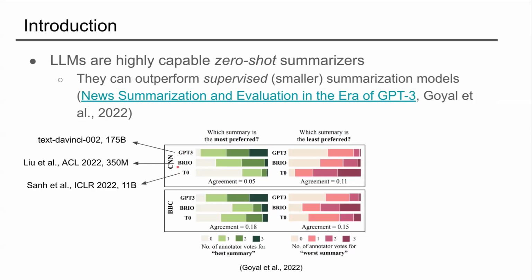In this graph, I'm showing 2 small models, Brio and T0, and comparing them with GPT-3. This work was done around the time that GPT-3 came out. Most of the time, the human annotators prefer the GPT outputs, although Brio and T0 are explicitly trained for summarization. The greener it is, the more preference towards that system compared with other systems.